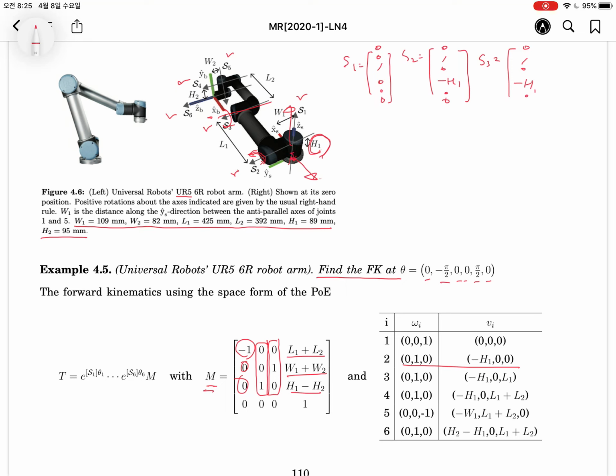If you make the rotational motion, then this base origin will go up. So the magnitude is L1. So we have this screw axis.